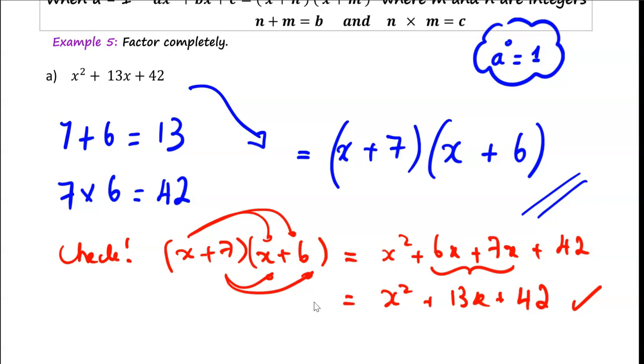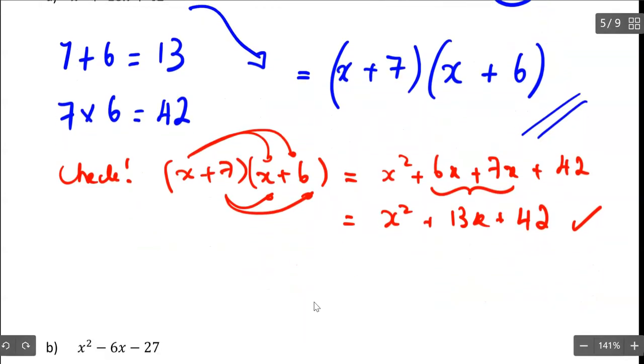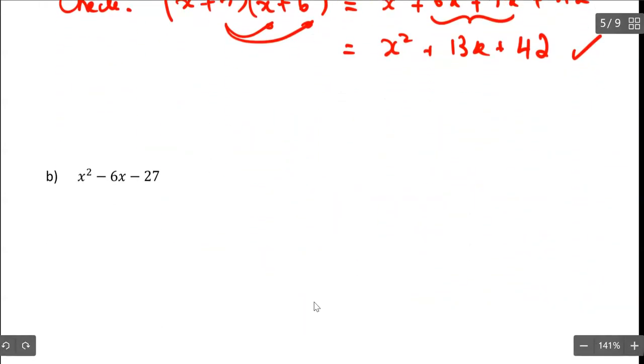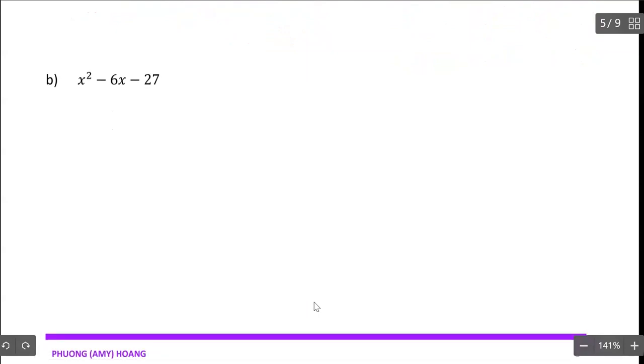All right. So let's move on to the next one. And the next one, I throw in some negative numbers here. Okay, so again, you probably already figured this out in a split second, before I even explain to everyone how to do this. All right, but keep in mind, your n and m, the two integers, multiply with each other.